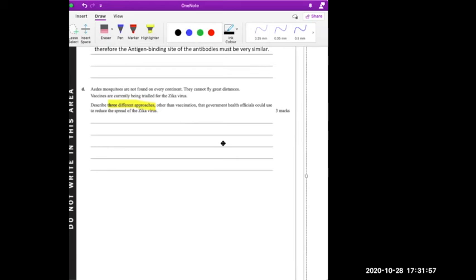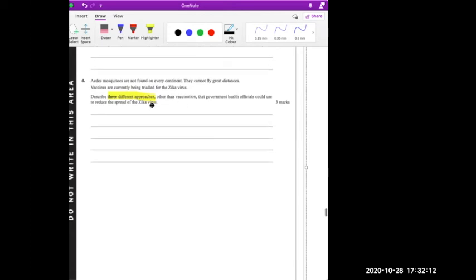Okay. Now, this is your classic pandemic question. Although Zika is just endemic, it's not a pandemic, but describe 3 different approaches other than vaccination that government health officials could use to reduce the spread of Zika virus, right? For these ones, you can use the generic responses that you're all going to use if they ask about COVID, and then you can use ones that are more relevant to the STEM, right?